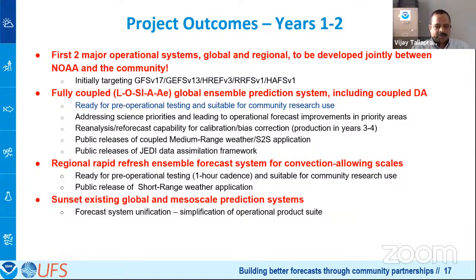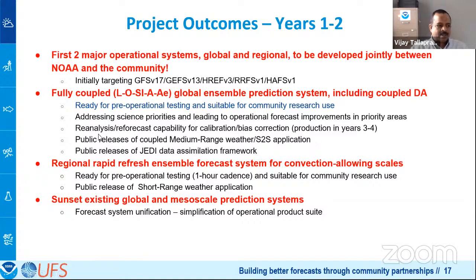Originally, it was meant for developing a 5-year plan with a 2-year outcomes well defined. The target is to develop the global systems, the GFS version 17 and the GEFS version 13, and also focus on the regional high resolution aspects for the short range weather, which are the RRFS, the Rapid Refresh Forecast System, and also the Hurricane Analysis and Forecast System.